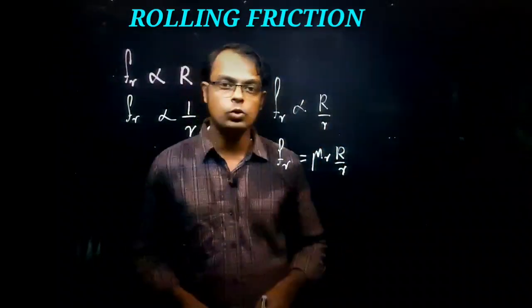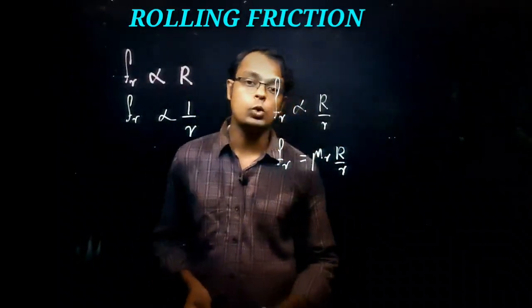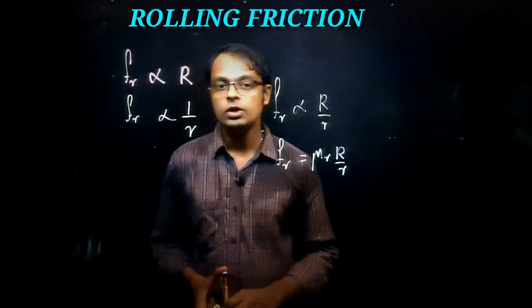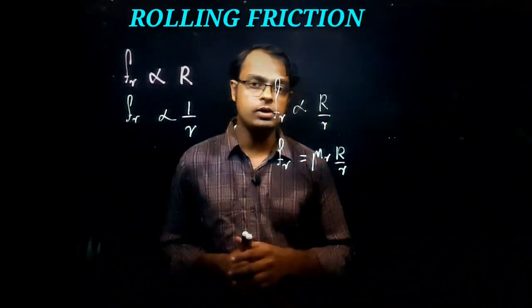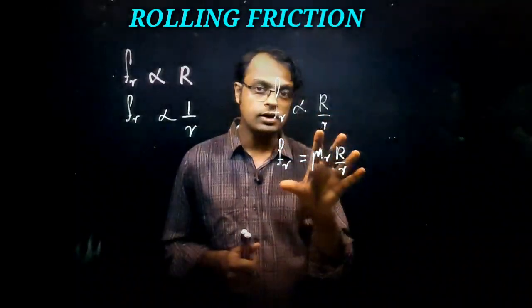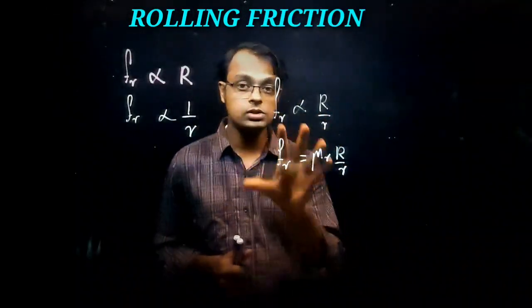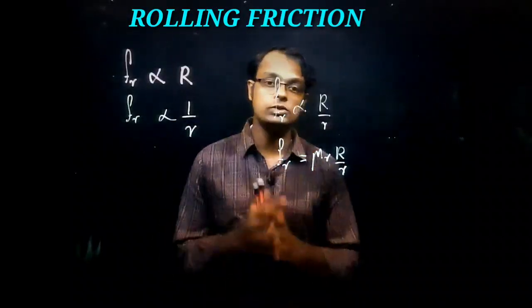Here mu r is called the coefficient of rolling friction. This relation is only applicable when the body is rolling without sliding or slipping.